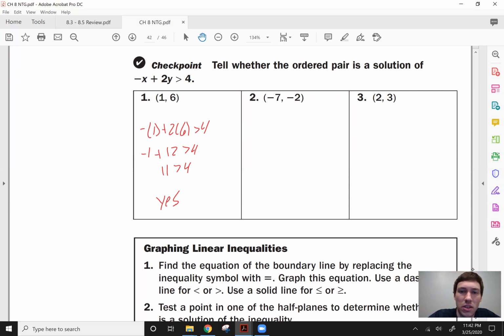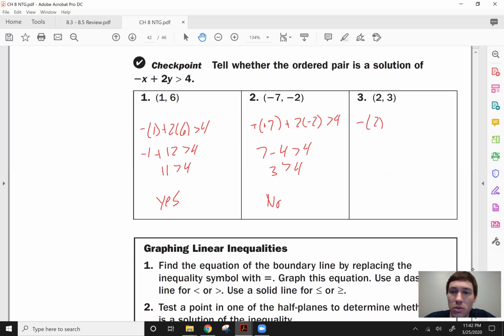In this case, -7 plus 2 times negative 2, is that greater than 4? Well, negative, negative, positive, positive. 7 minus 4 is greater than 4. 3, is 3 greater than 4? No. This is not a solution.